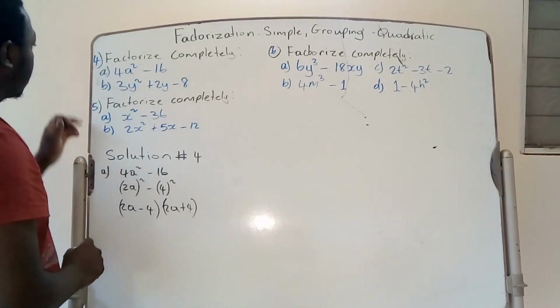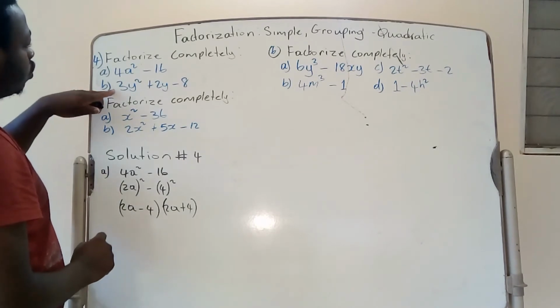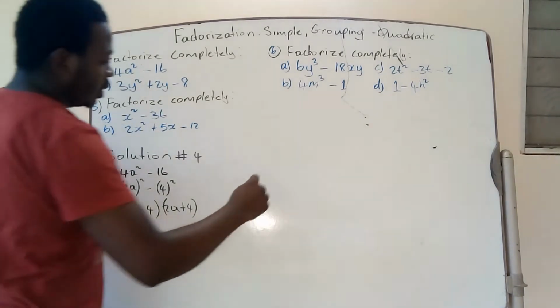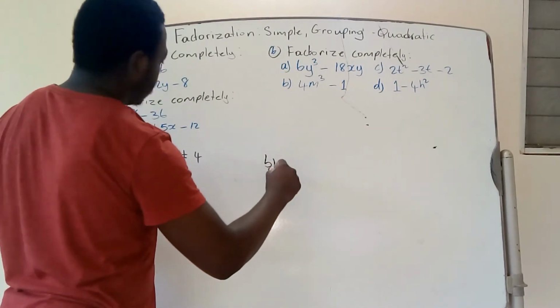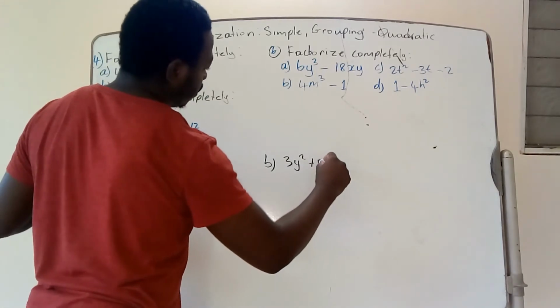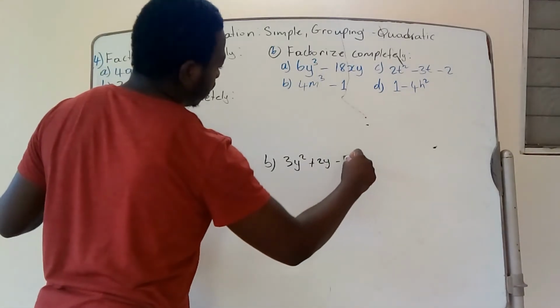Alright. For part B, 3y squared plus 2y minus 8.